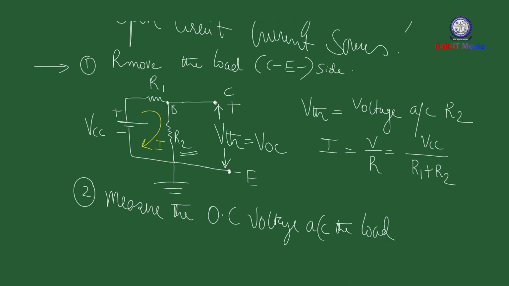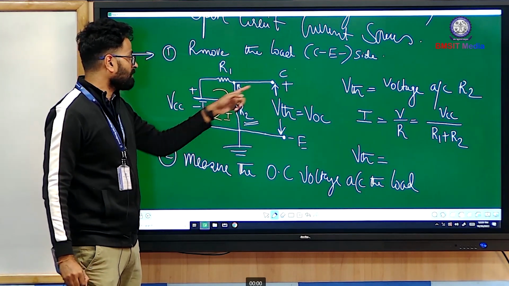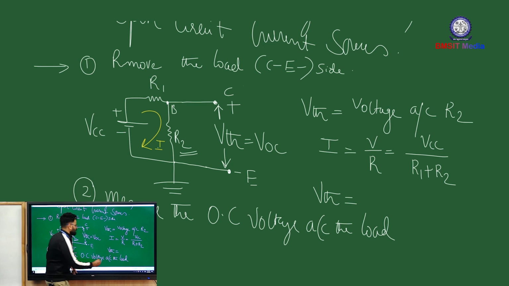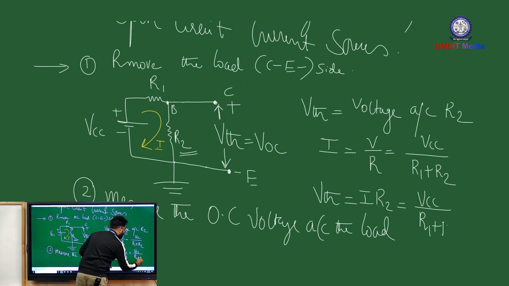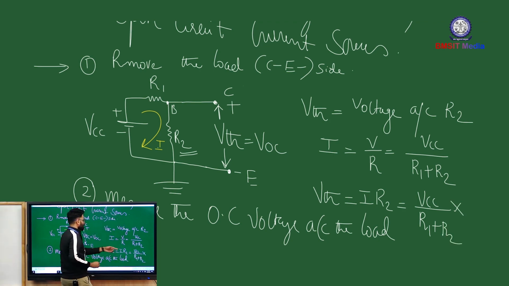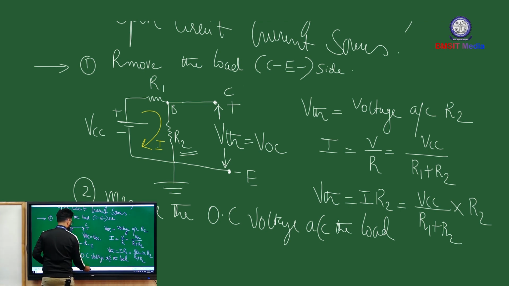Now you can find VTH. VTH is the voltage measured across R2, which is nothing but current into resistance, so I into R2. What is I? VCC divided by R1 plus R2, into R2. So we have found the open circuit voltage VTH.